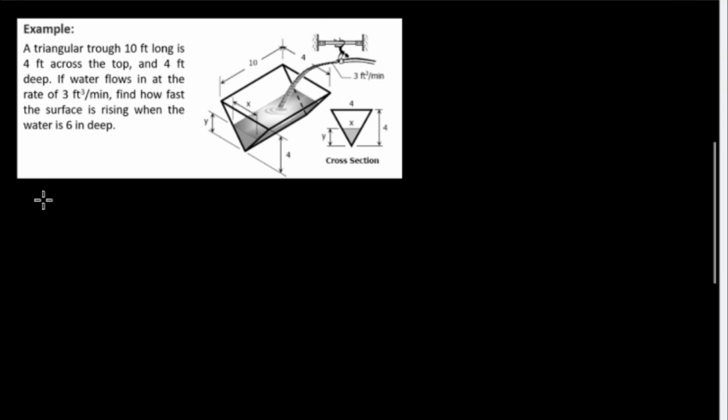The volume of the water is one half, since it is triangular, of x times y times the length, which is 10, or V is equal to 5xy, and this is equation 1. Next we need the cross section of the triangular trough.